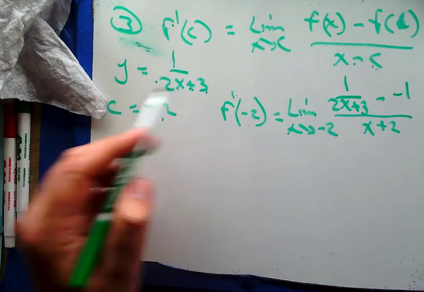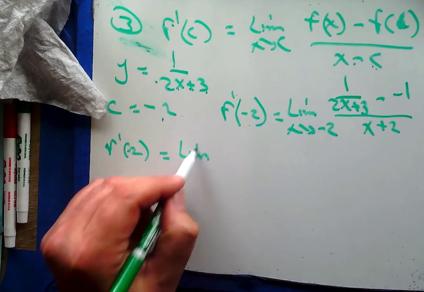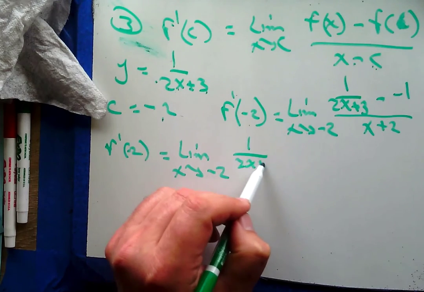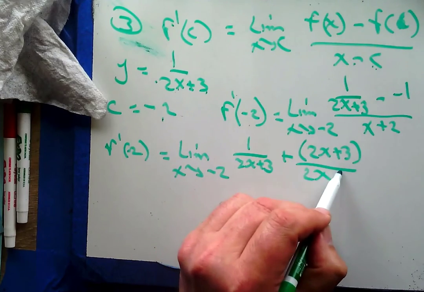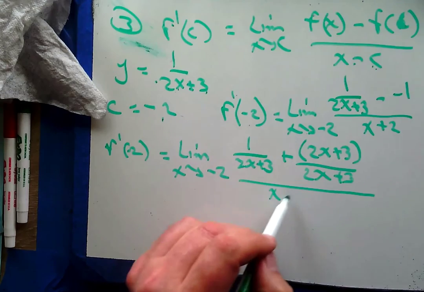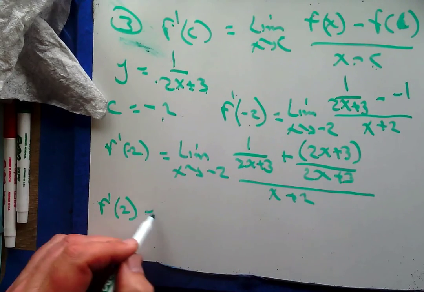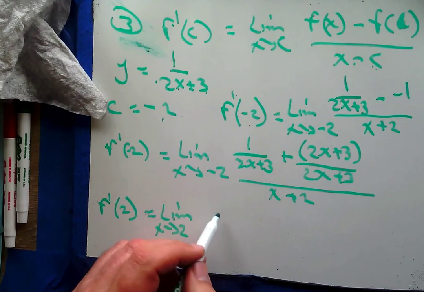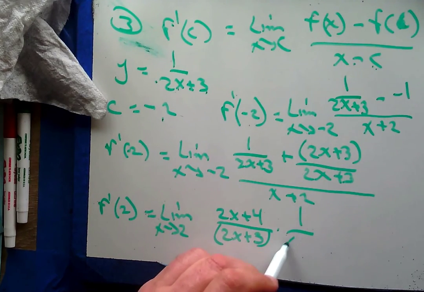Well, I think I can combine these. The limit as x approaches -2 of 1 over 2x plus 3 plus 2x plus 3 over 2x plus 3, all over x plus 2. So now I've got f prime of -2 equals the limit as x approaches -2 of 2x plus 4 over 2x plus 3 times 1 over x plus 2.